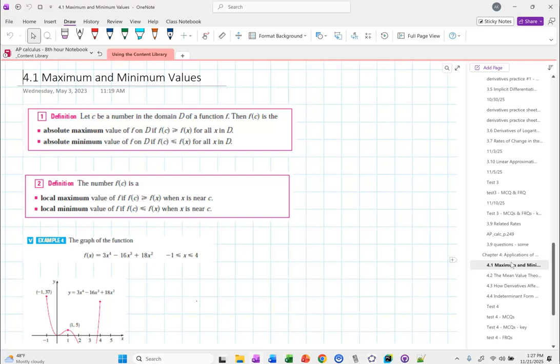All these different function types that we've seen before, we've now learned how to take the derivative of. We're going to now look at what I can do with that as a tool. So today, the first part, what we're going to be doing is using that derivative to analyze functions. So what can I learn about a function by using its derivative?